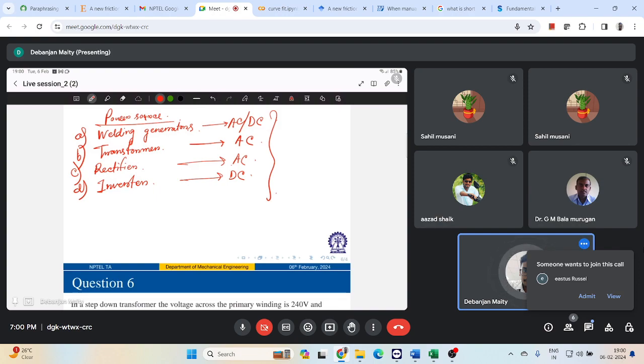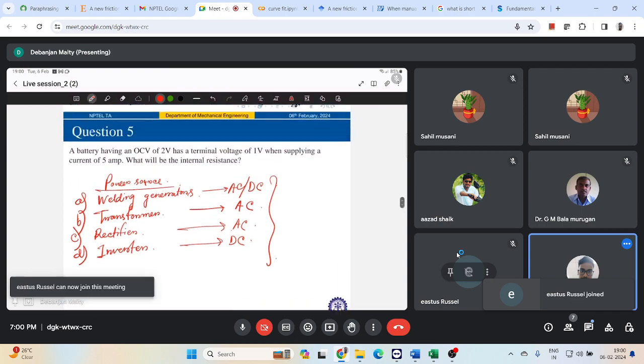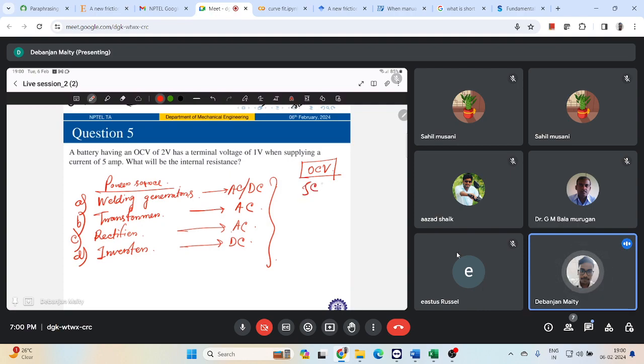Now there are some concepts called open circuit voltage, OCV, and also something called short circuit current. What is open circuit voltage?